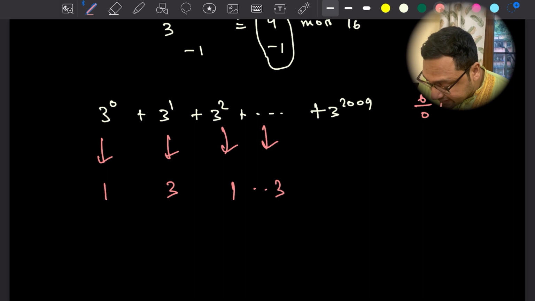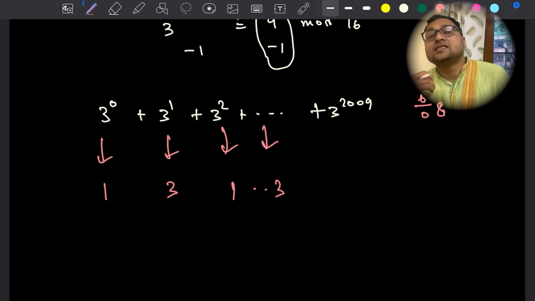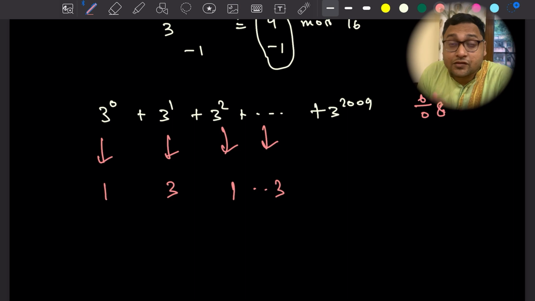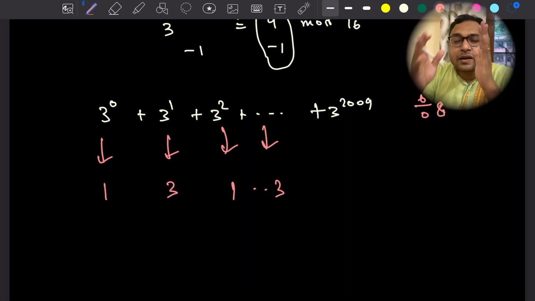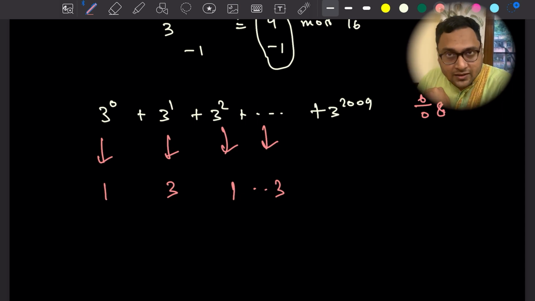If you divide by 8, 3 to the power 0 produces remainder 1, 3 to the power 1 produces remainder 3, 3 squared produces remainder 1, 3 cubed, that is 27, if you divide that by 8, produces remainder 3, and so on. So it becomes 1, 3, 1, 3, one after another.